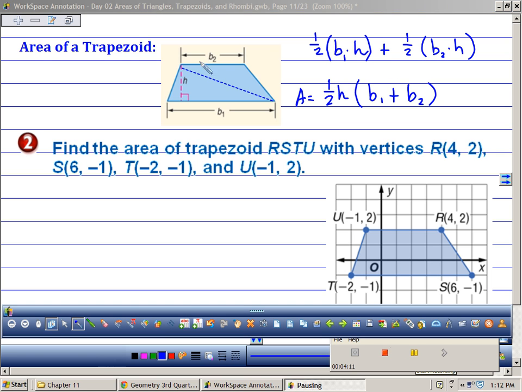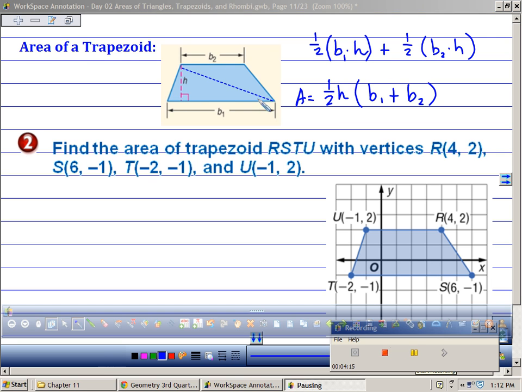So it's basically like taking this base and this base and saying, well, if I add them up and divide by 2, and then multiply it by how high this figure is, I will get the total area. No, you don't need to do the top one. I'm just showing you where this came from. Because this is a hard formula to remember.